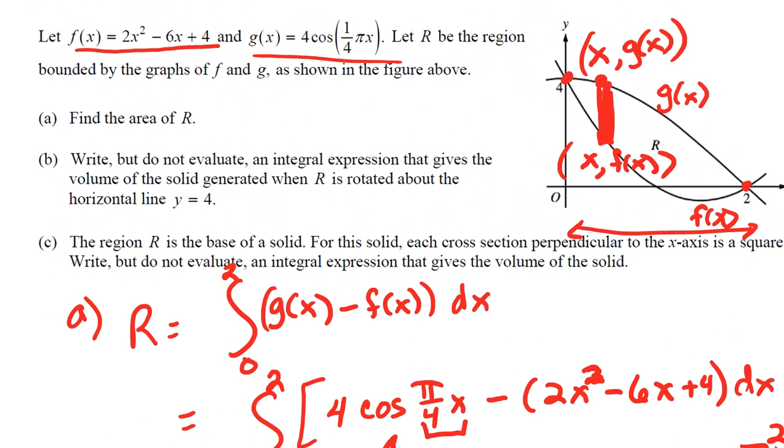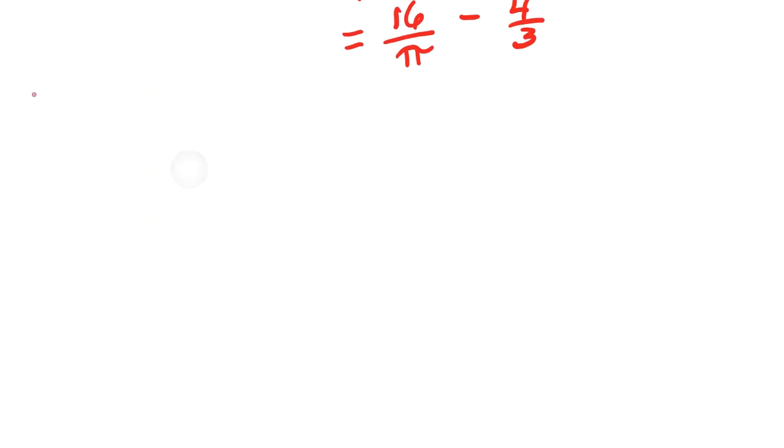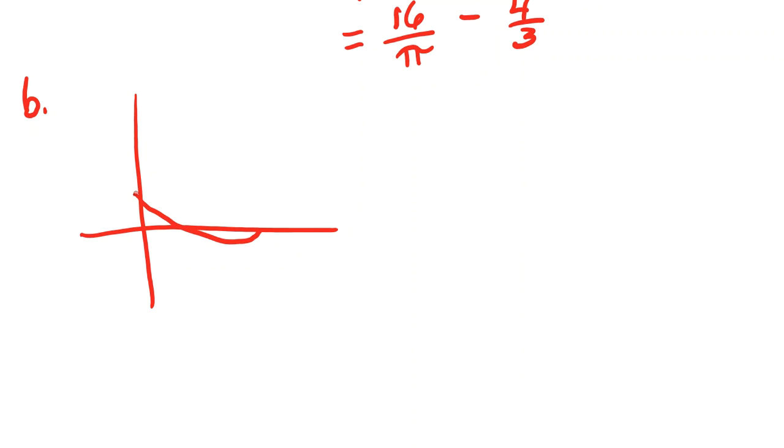Write but do not evaluate an integral expression that gives the volume if this region R is rotated about the line y equals 4. All right, again, you do not have to make a diagram unless directed to do so, but let me just remind you here, this was our line 4, y equals 4. It's a pretty bad drawing of those graphs, but we'll make do, I think.